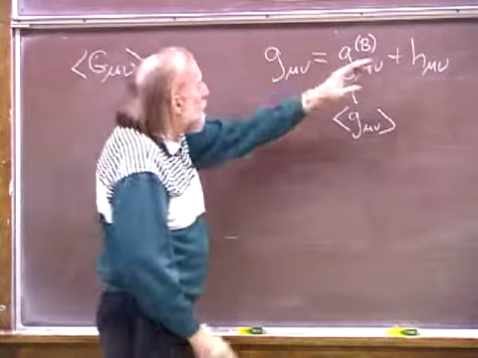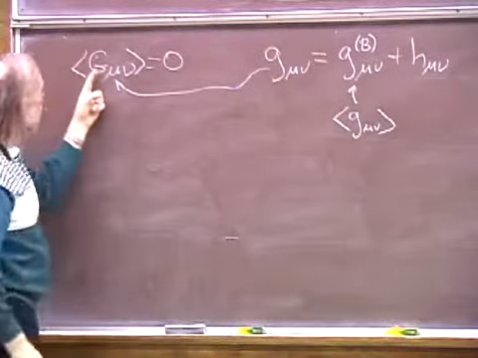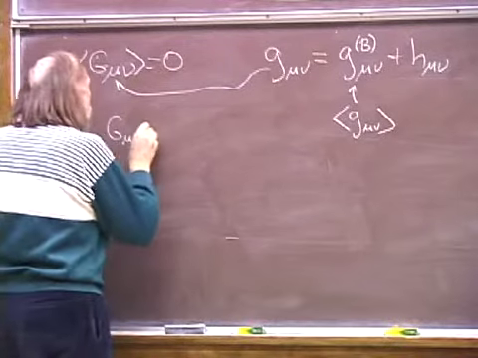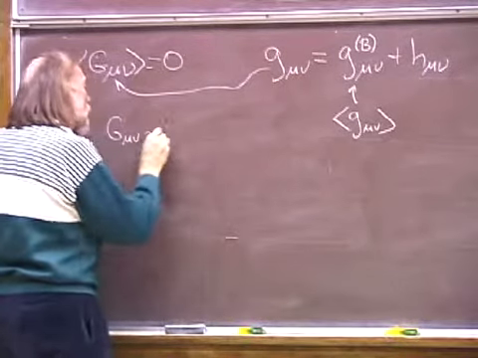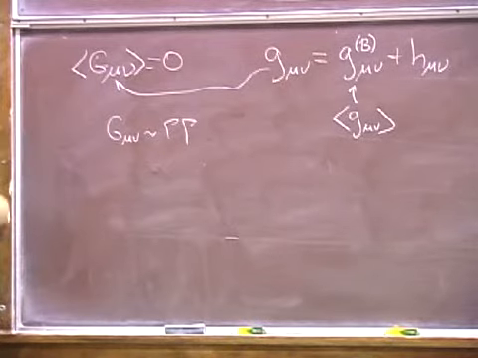If I feed this expression into the expression for the G's, and I remind you that the G mu nu looks like a product of connection coefficients, basically. It's terms like that.